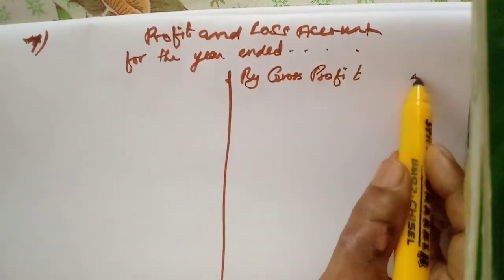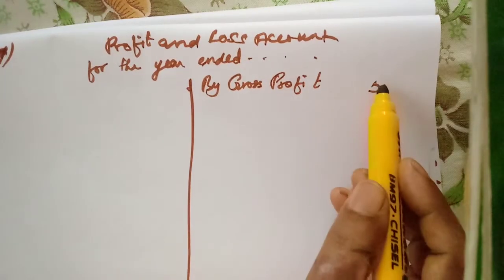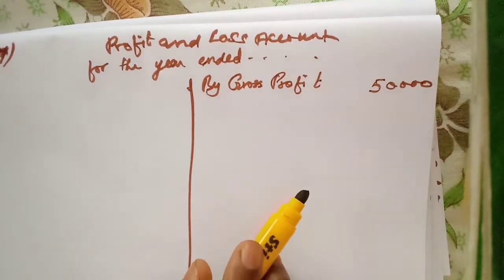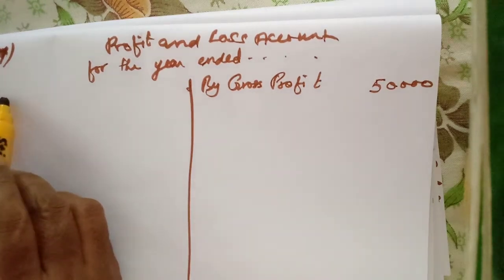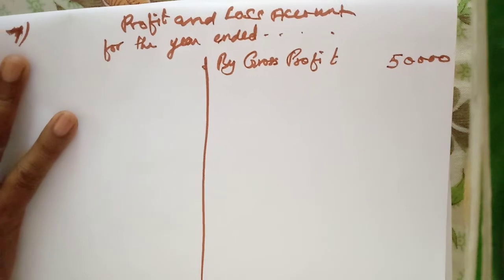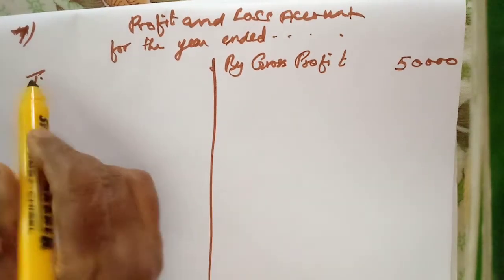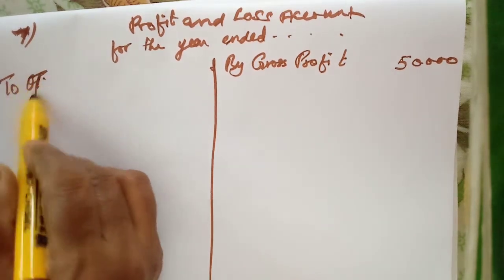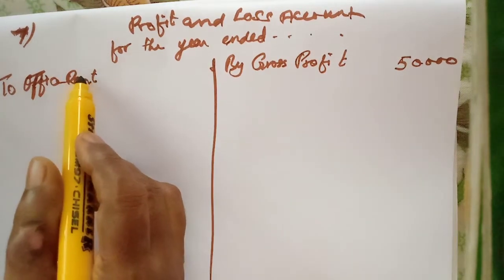50,000. Then office rent, it is an expense, so we should write to office rent 10,000.